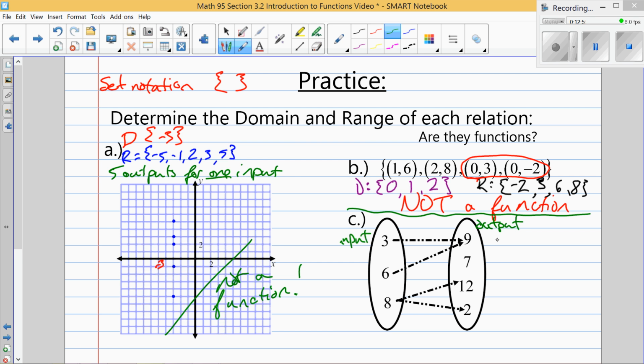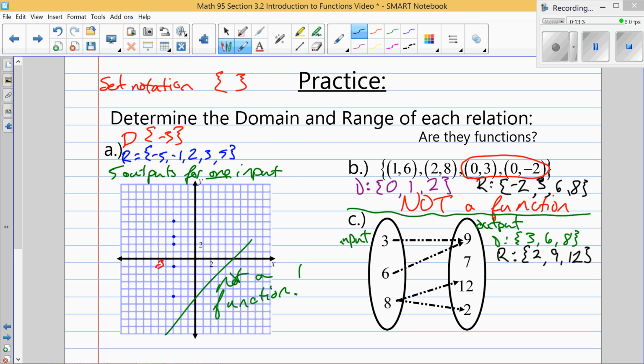My input, my domain, is going to have a 3, a 6, and an 8. My range for this set is only going to be the values that have an input mapped to them. This 7 won't actually be part of our range, because it doesn't have a corresponding input. So my range is going to be 2, and 9, and 12.